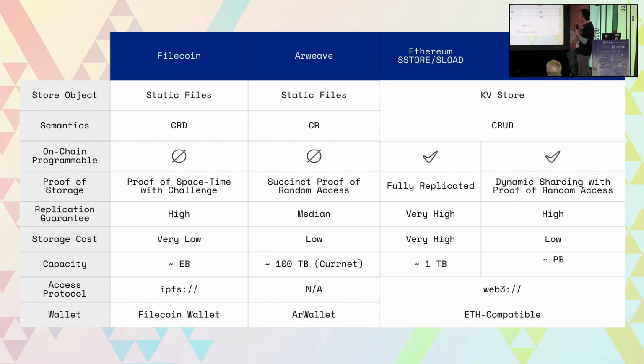At the same time, Filecoin and Arweave are more optimized for static files, which can be huge, super large, and even much cheaper. Another unique feature of EthStorage is that it's completely compatible with Ethereum wallets and the development stack, like Hardhat, MetaMask, all this.